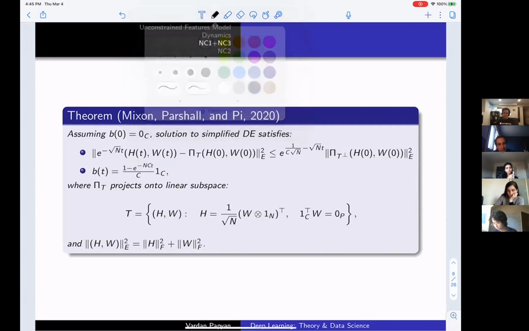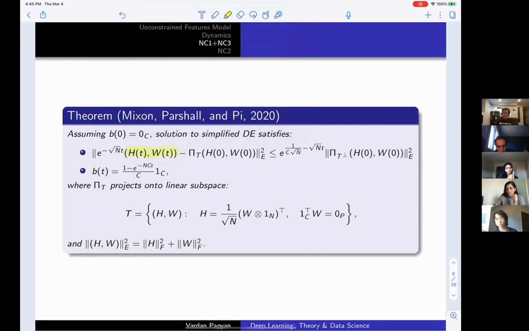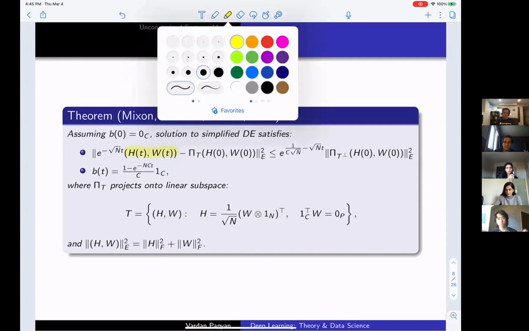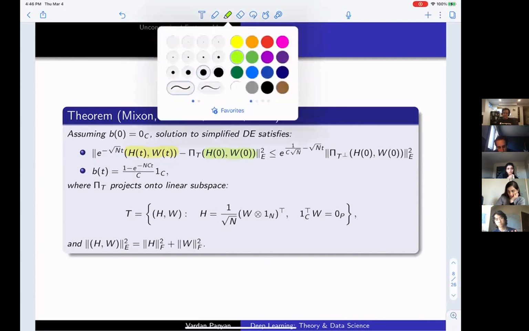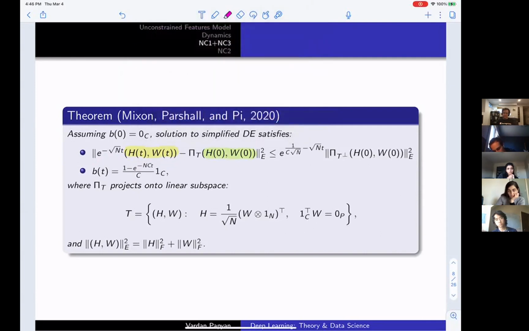So you have the features and the classifiers are close to the features and the classifiers at initialization projected onto some linear subspace. And the proximity is decaying exponentially with time. In simple words, what does this say?